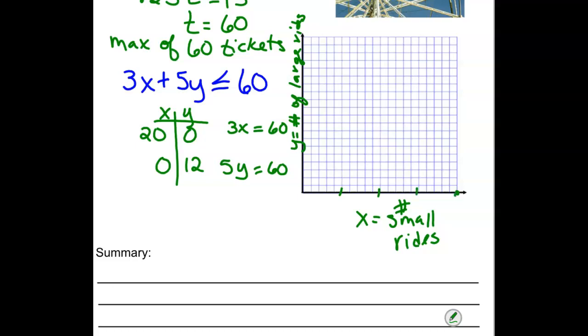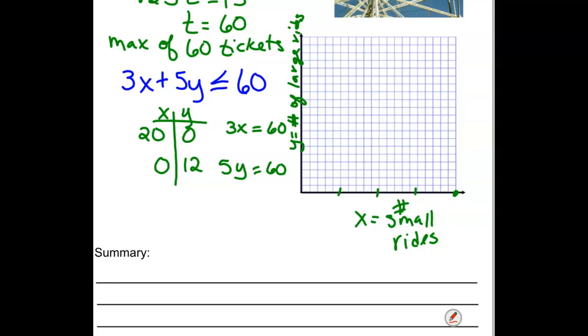All right, so 20 is right here. And the y-intercept was 12. We land there.